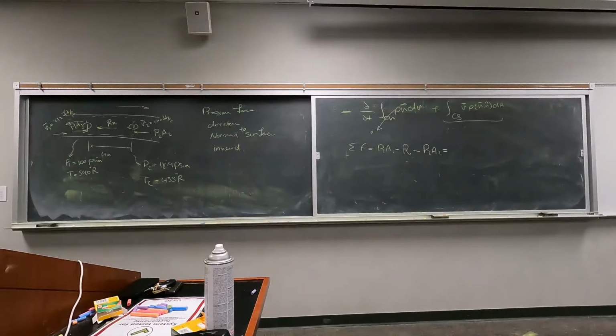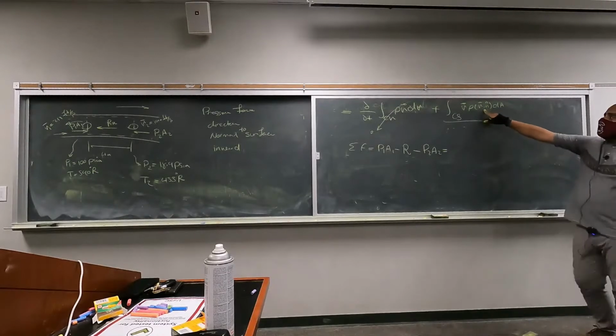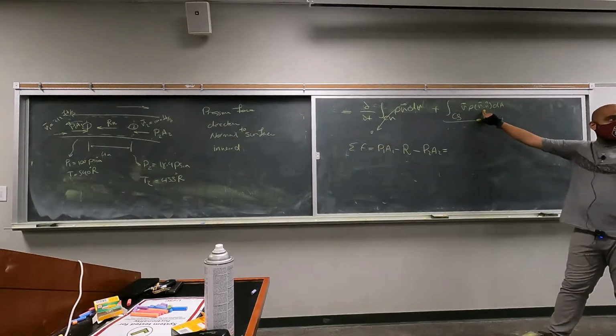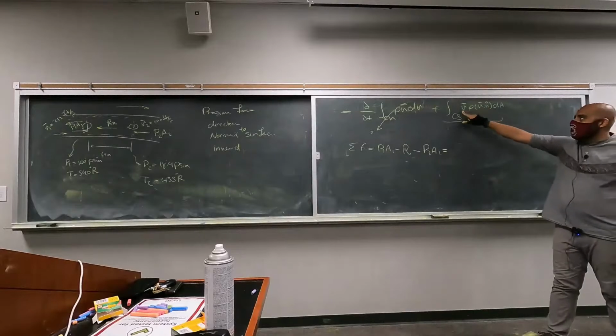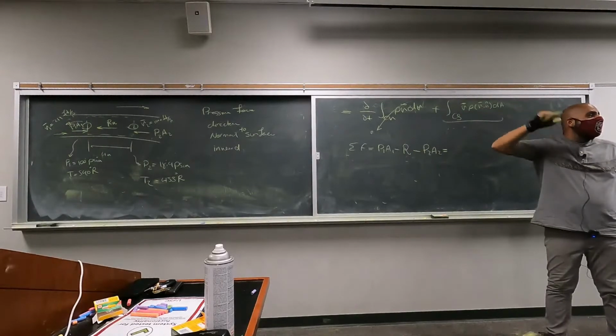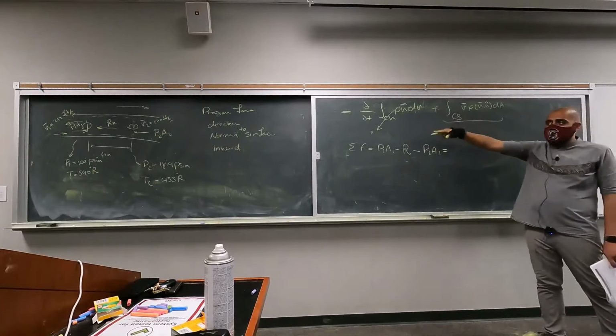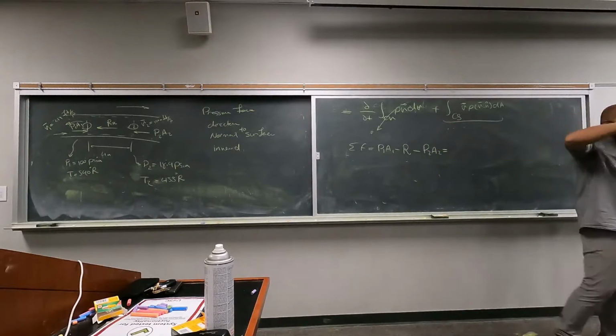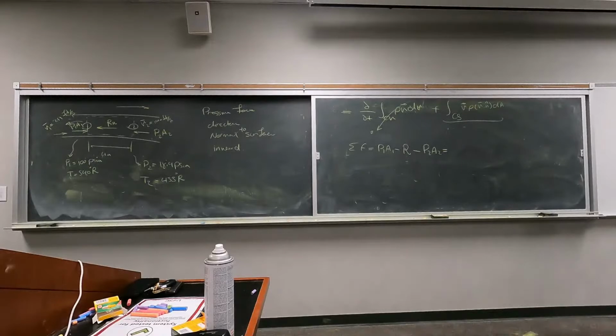You can take all of it out of the integral. Something to keep in mind is that this part always refers to the velocity that is normal to your surface area. This part always refers to the velocity in the direction of the force. In this problem, they are all the same, but in the problem with the turn angle, they weren't the same, right? So that's something that you need to keep in mind.